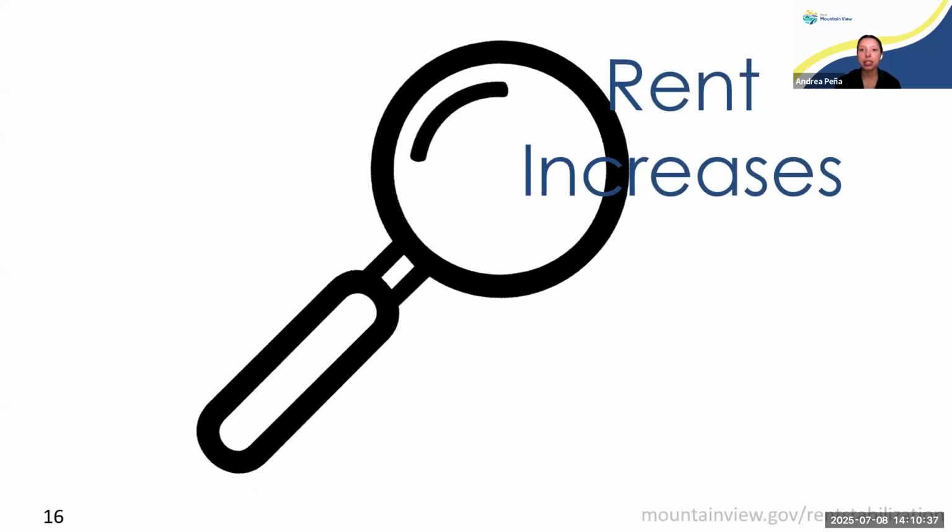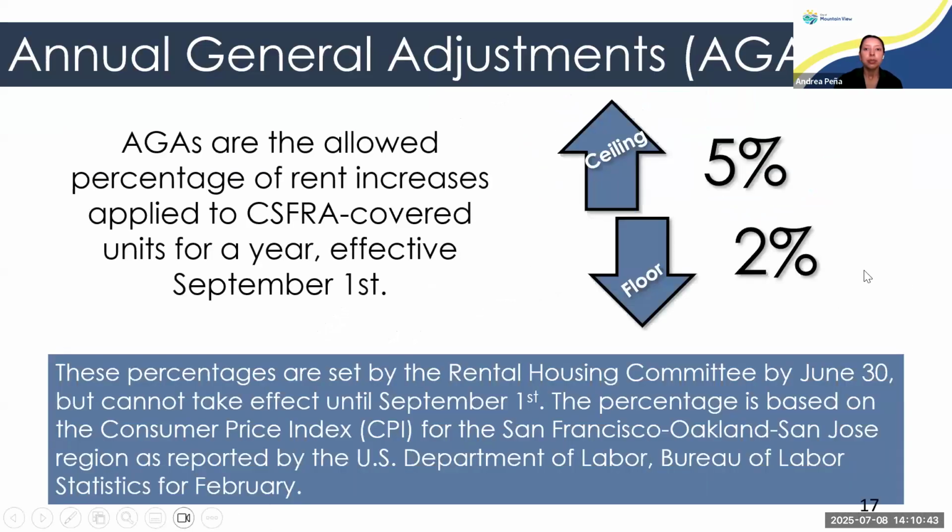Okay, and what can these rent increases look like? First, we'll speak about the CSFRA. So the annual general adjustment, which you'll hear referred to as AGA, you can just think of it as the allowed rent increase for that particular time, is effective each year starting September 1st.